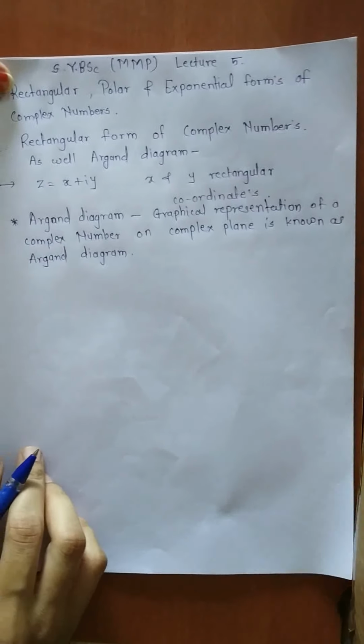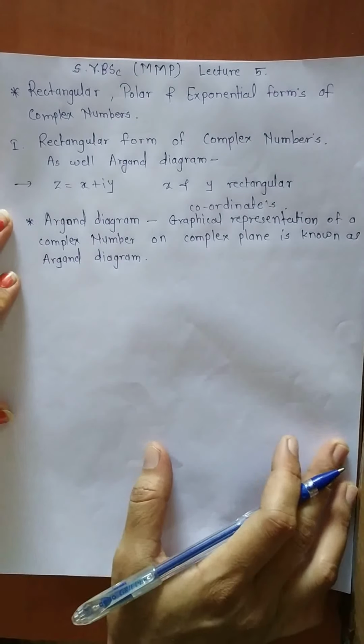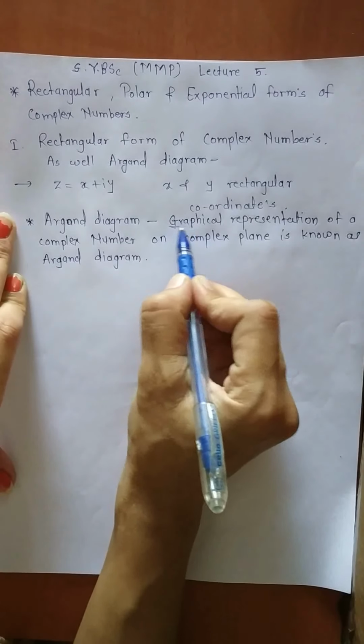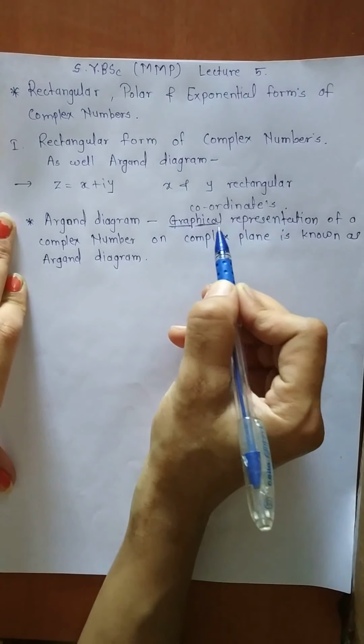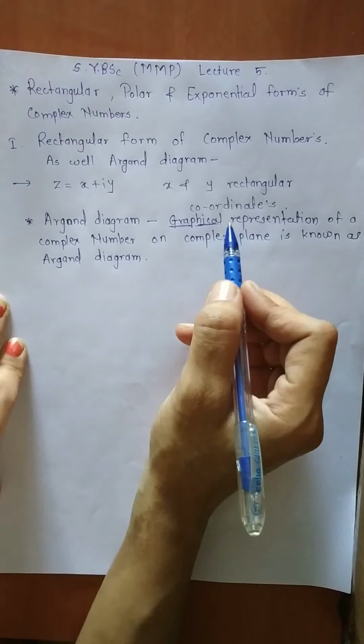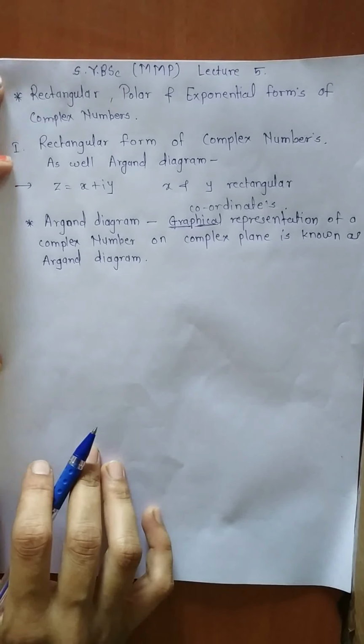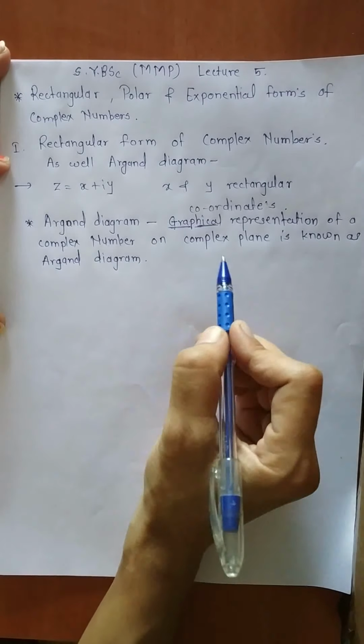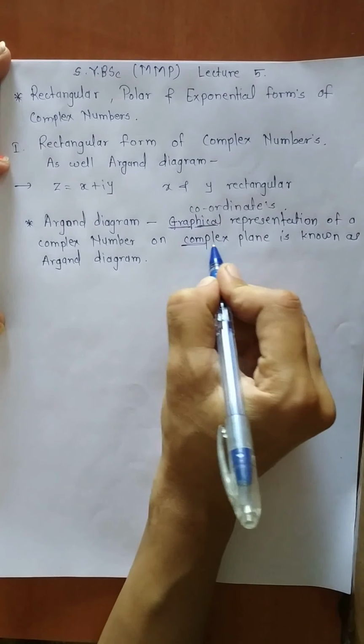It means when you represent the complex number in the form of a graph, that is graphical representation, it is also called geometrical representation. Graphical or geometrical representation of a complex number on which plane? Complex plane.